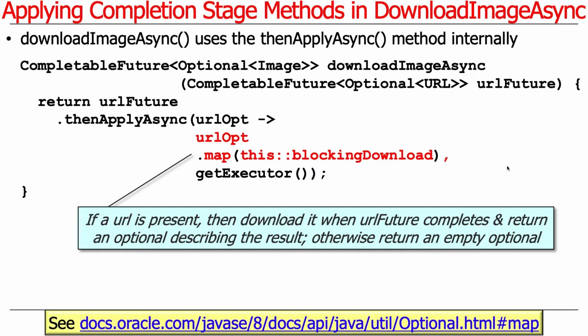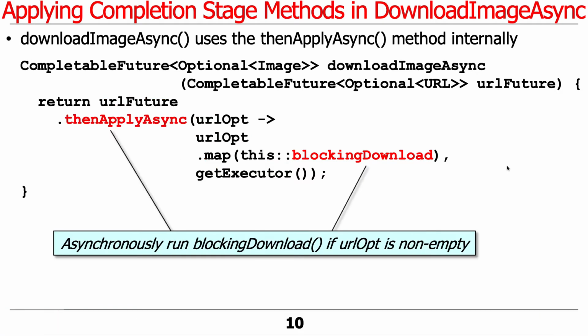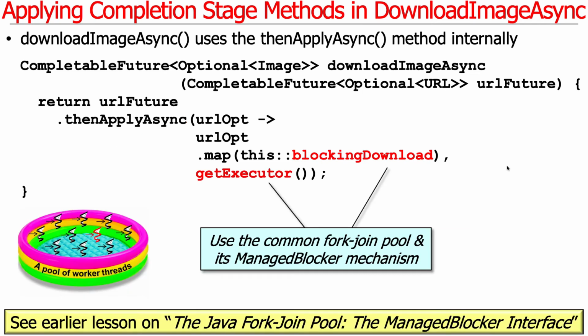So let's assume for the sake of argument that we have a URL that has a value. In that case, we're going to call the blocking download method, which of course will run in the background because it was called from the context of thenApplyAsync. This will occur in the context of the executor.